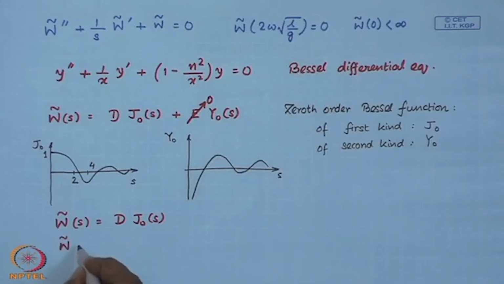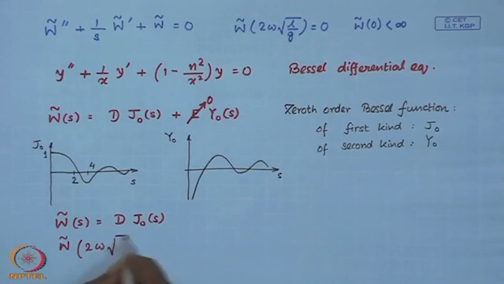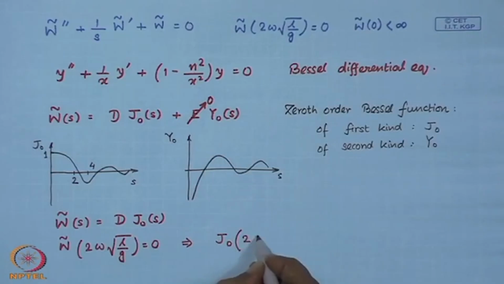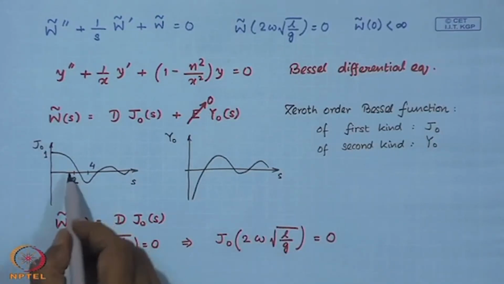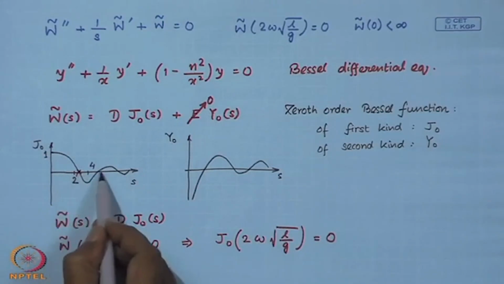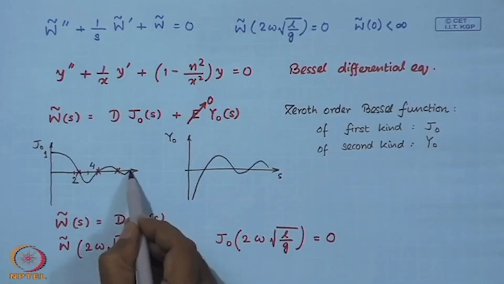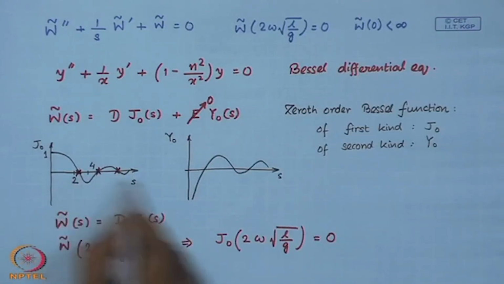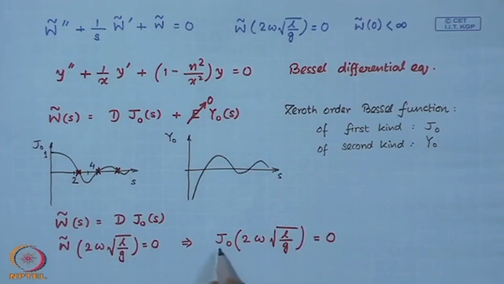So, we know that this implies this must be 0. Now, you can see from this figure there are discrete points, but infinitely many, at which this function J0 is 0.